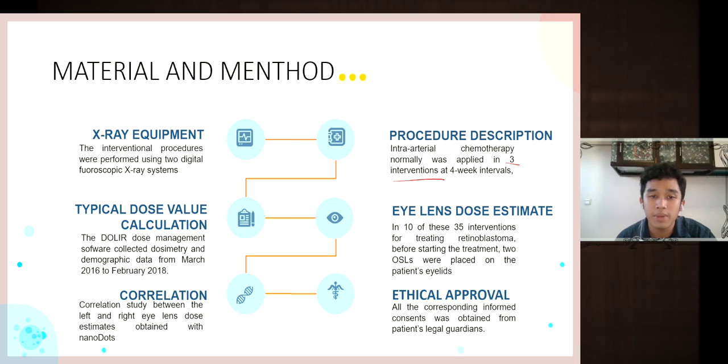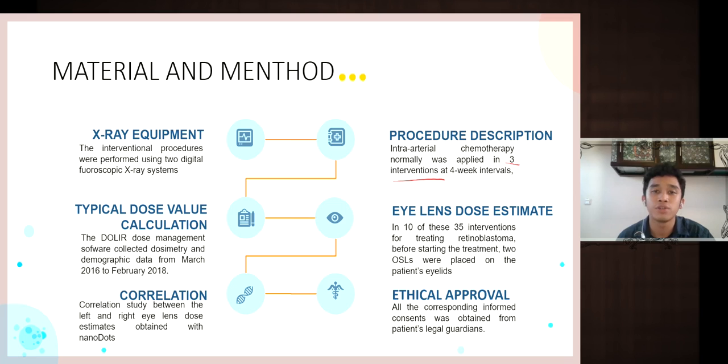Next was the typical dose value calculation. For this study, the only data considered were from the La Paz University Hospital, obtaining a typical value from the median dose indicator distribution provided by the automatic dose management software.